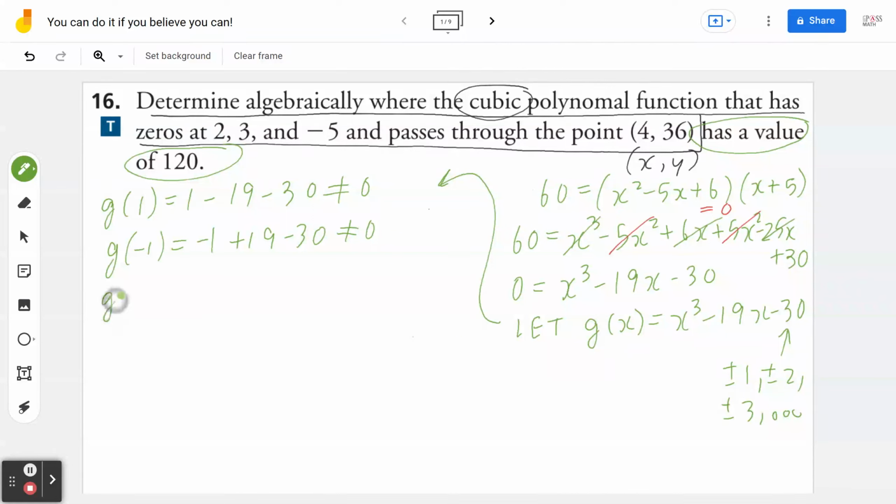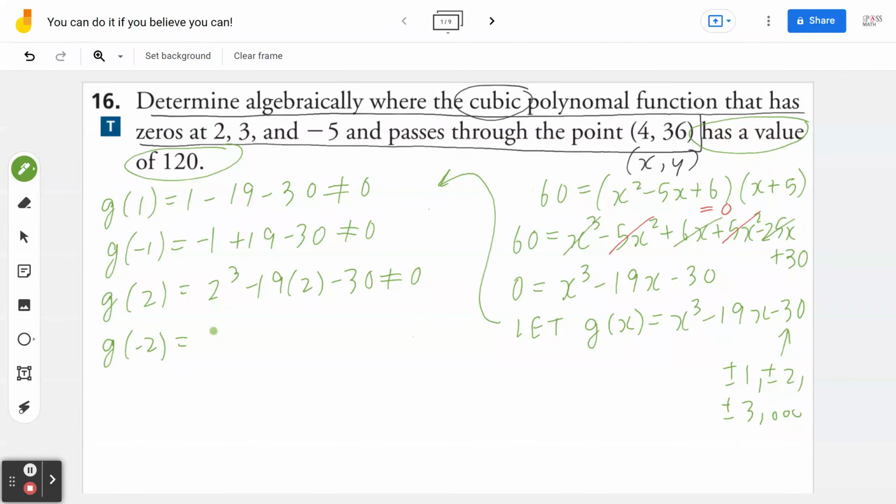You keep going. You try g of 2, that's going to give you 2 to the power 3 minus 19 times 2 minus 30. That's 8 minus 38 minus 30. It doesn't give you 0. However, I can already tell when you try negative 2, look what happens.